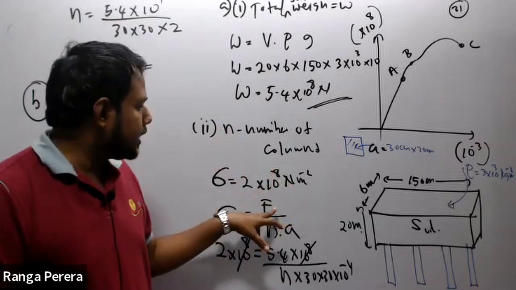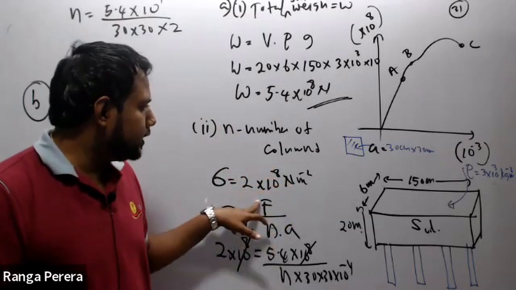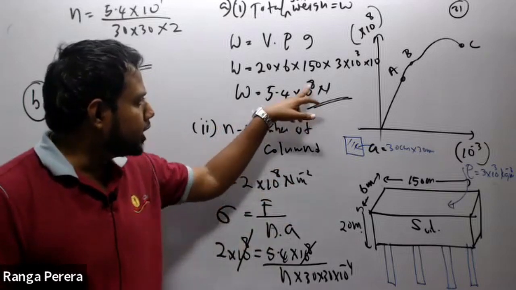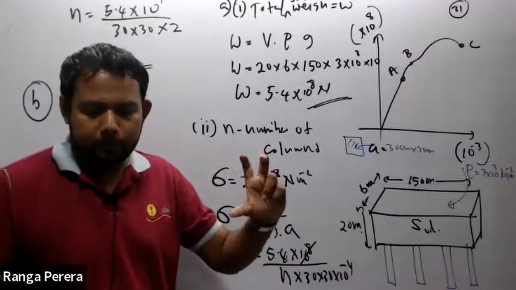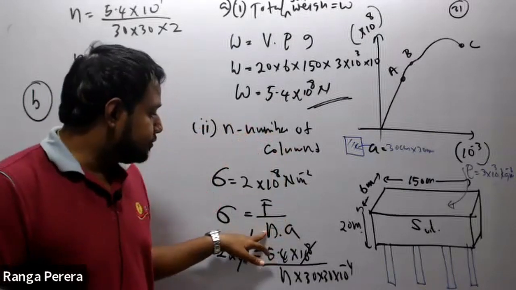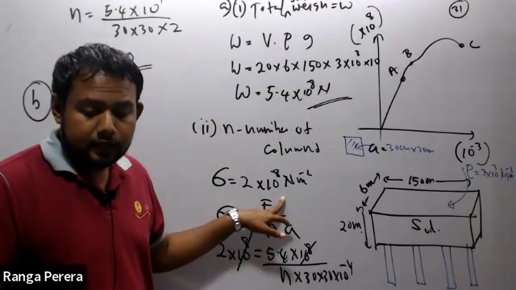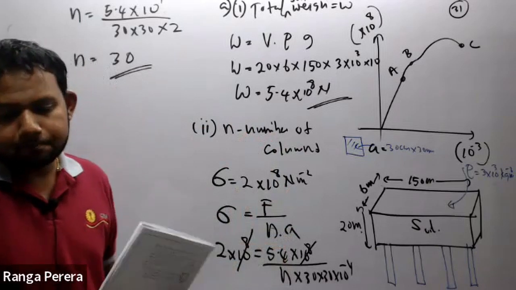What I did there, I know the total weight is 5.4 × 10^8. I divided by n to take it to one column. So now I know for one column, this much force must be applied. To find the stress, I just multiplied by the area. Did you get the point?